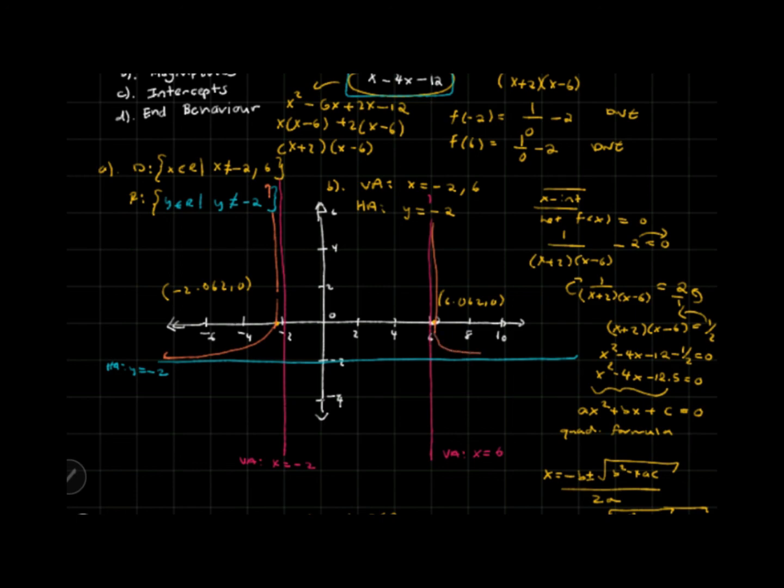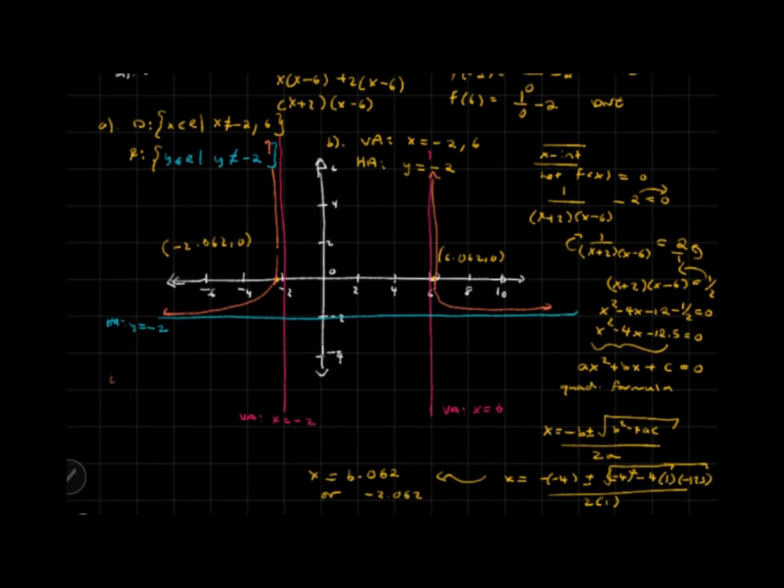And we can also figure out the y-intercept of our function. The y-intercept will be a lot easier to find. If we are trying to find our y-intercept, I'm going to let x equal 0.